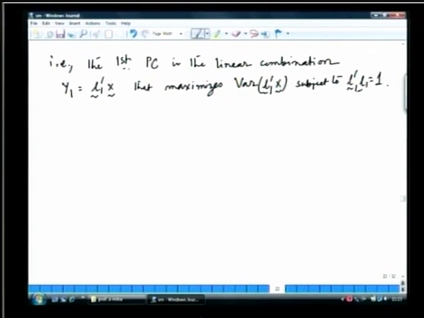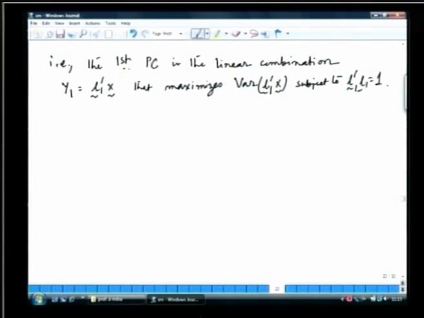Now, if I consider any scalar multiple of this vector L1, say L1 star, which is C times L1, where C is a very high constant, then I can always have the variance of C L1 transpose x greater than the variance of L1 transpose x. So, to put a check on that and to achieve some uniqueness, I put this criterion that it is subject to L1 transpose L1 equal to 1.